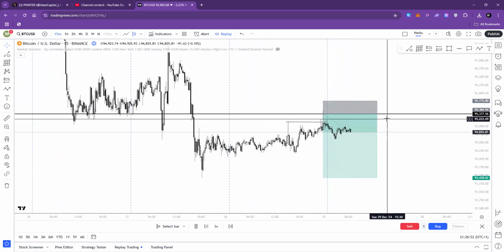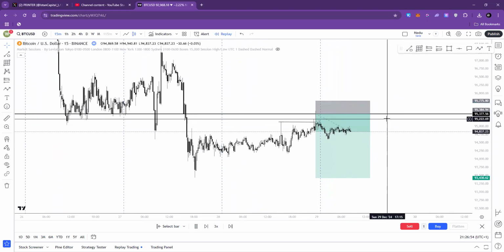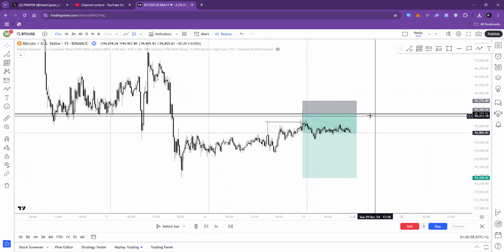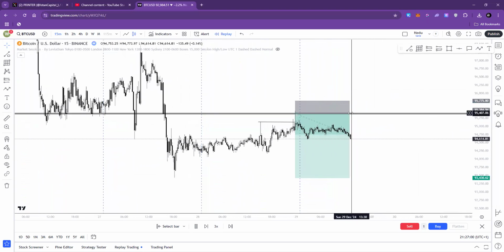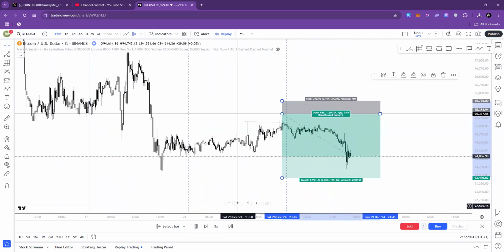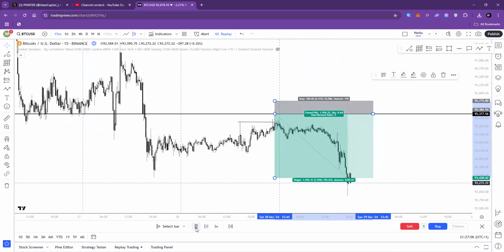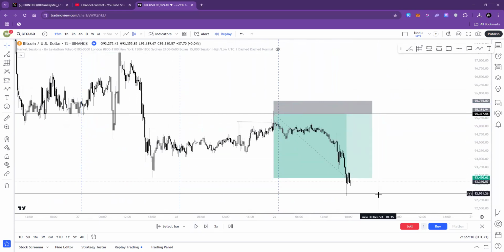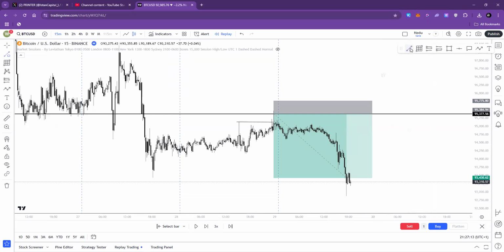So this is basically how I was able to catch this move. It is very, very simple and straightforward. And that is that for TP.